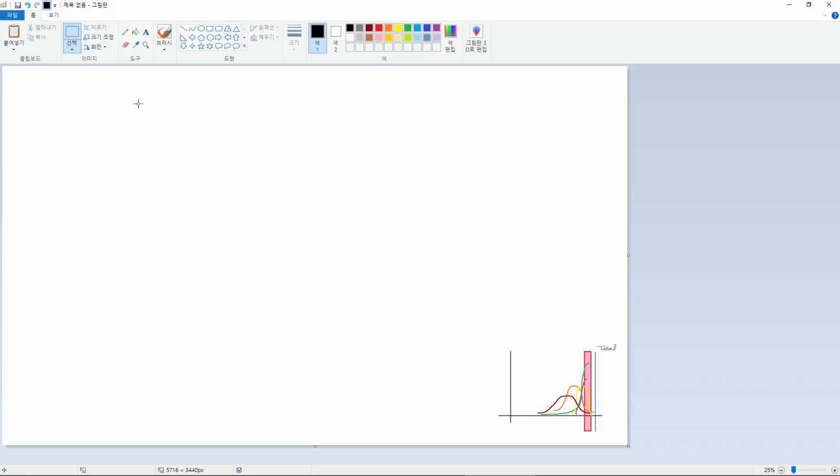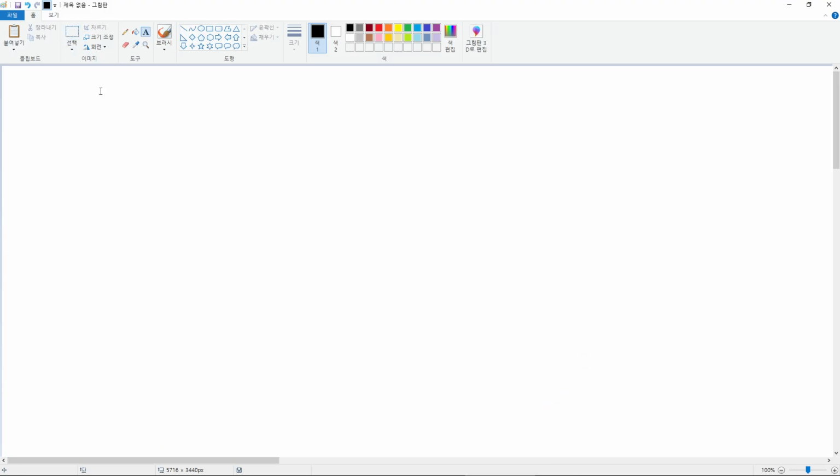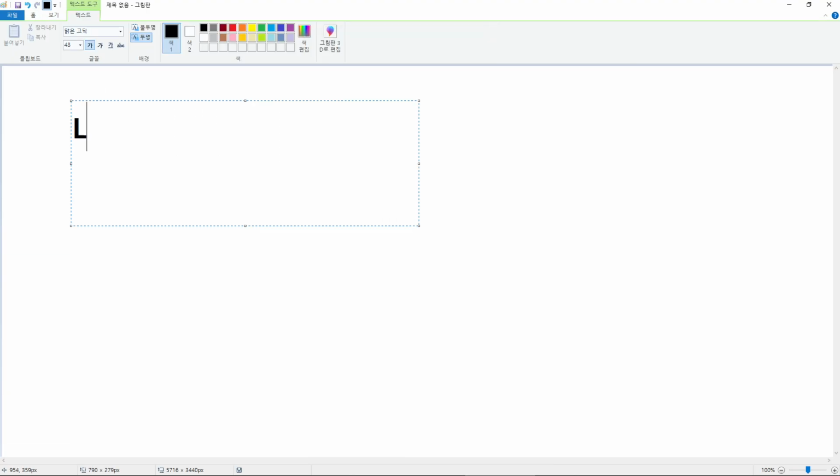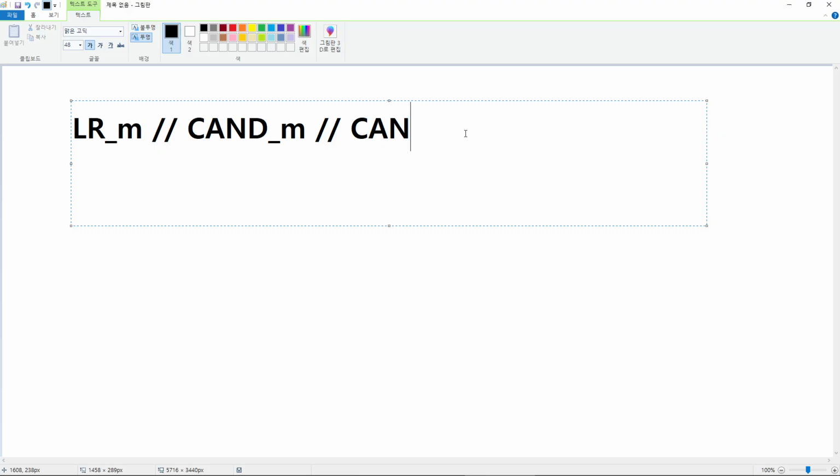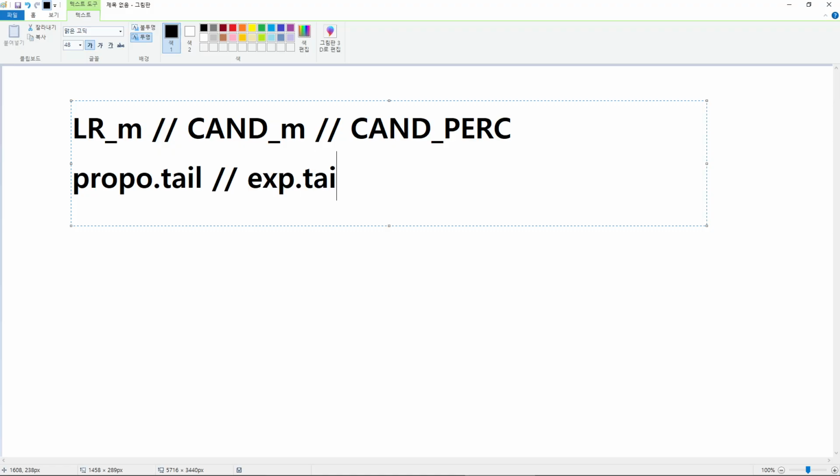I should write that down. So the purpose was to keep the learn rate method and the candidate method and candidate percentage at this: proper tail, and then XP tail as an exponential tail, and then 0.2 as in 20%.